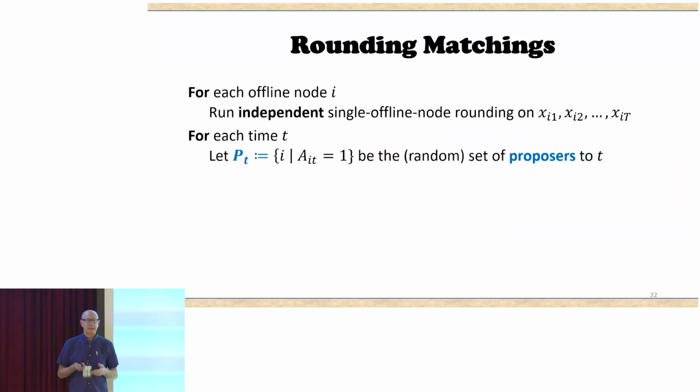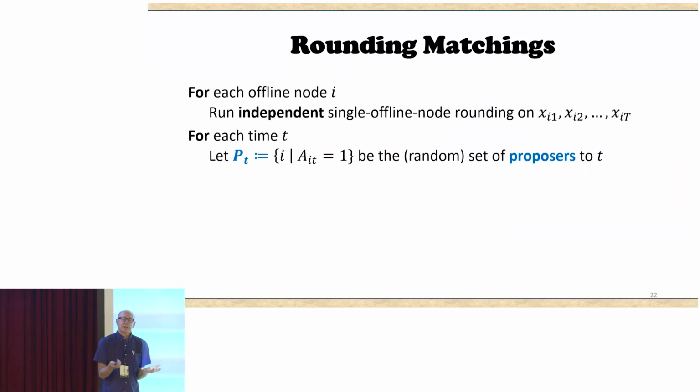Let A_it denote the event that, when I ran the level set algorithm for a single offline vertex, A_it is equal to 1, which means that I is supposed to be matched to the new vertex t.